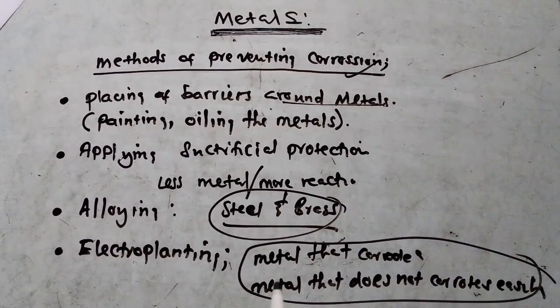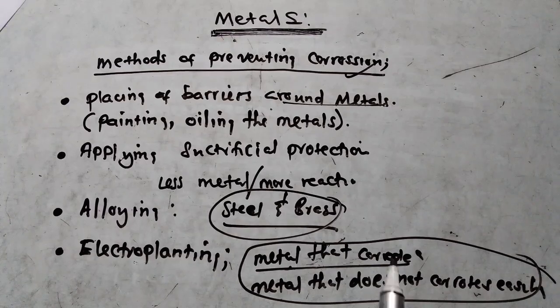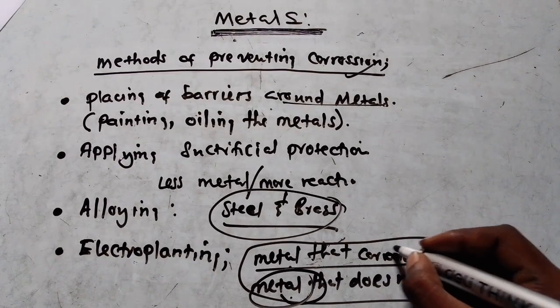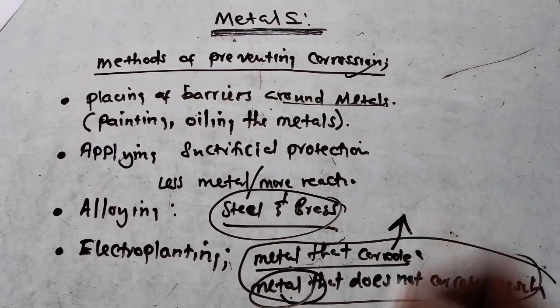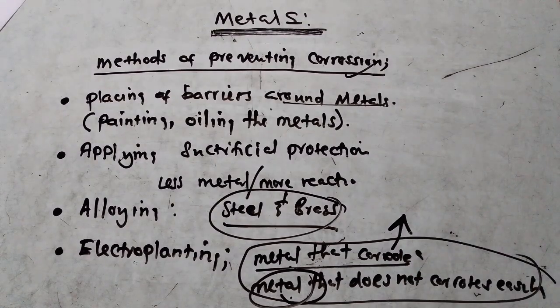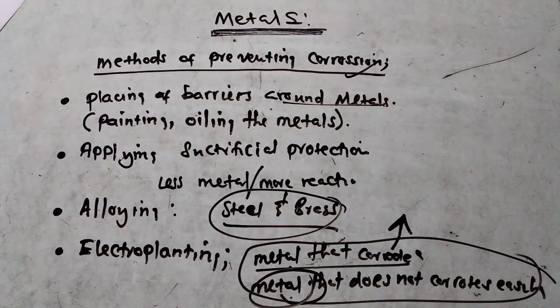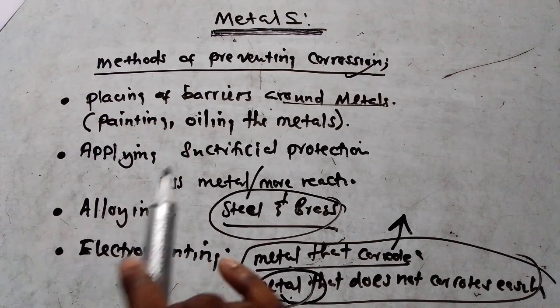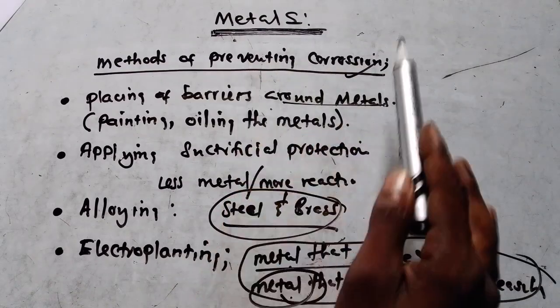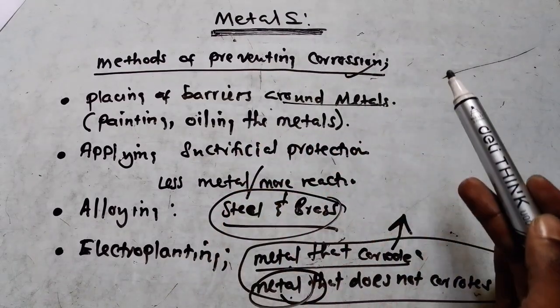The metal which corrodes easily, you put down, then on top you put the metal which does not corrode easily. After that, you use electricity to attach them. By so doing, you are preventing the metal which is down from corroding.